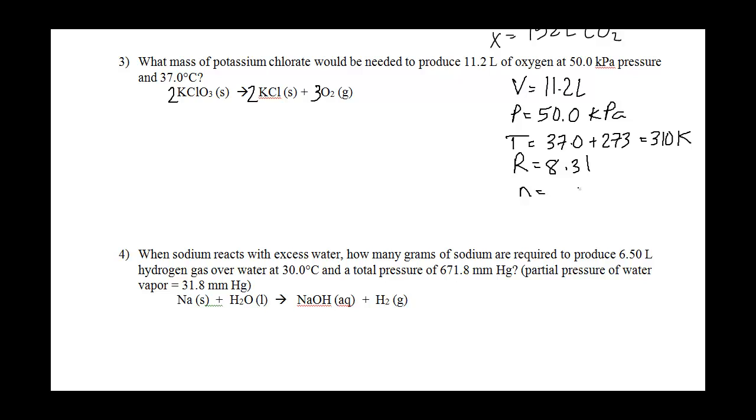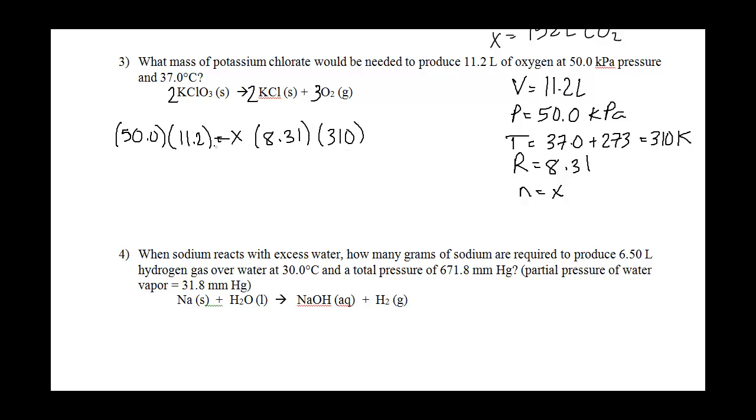Well, look, I can solve for moles first. I know that because that's my only missing variable. I can do this math. So I'm going to use, in this case, PV equals nRT. So moles equals pressure times volume over 8.31 times my temperature.